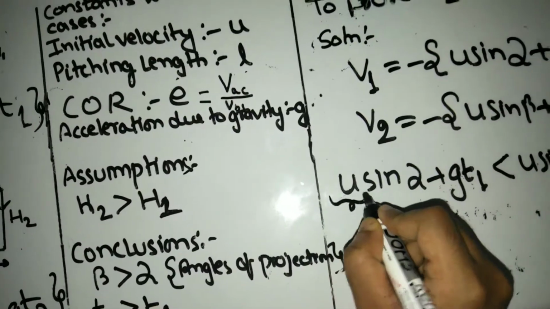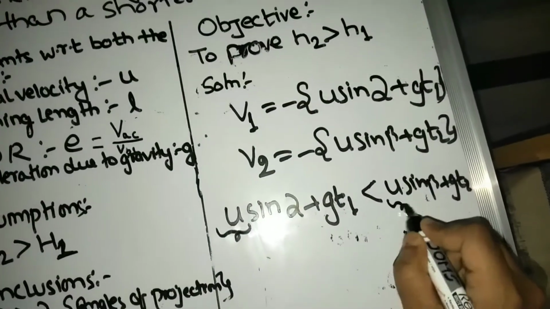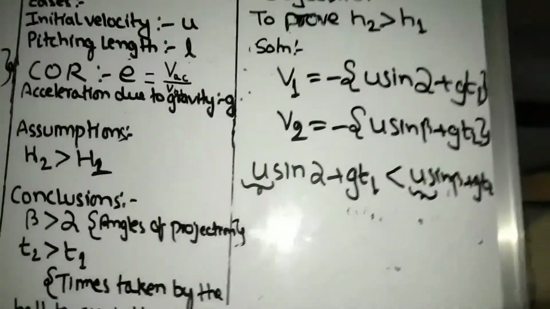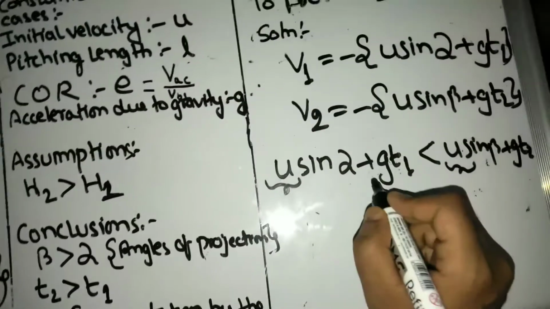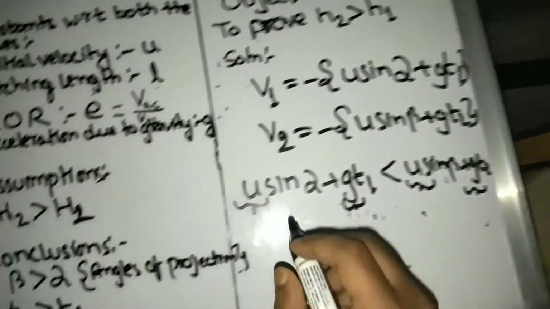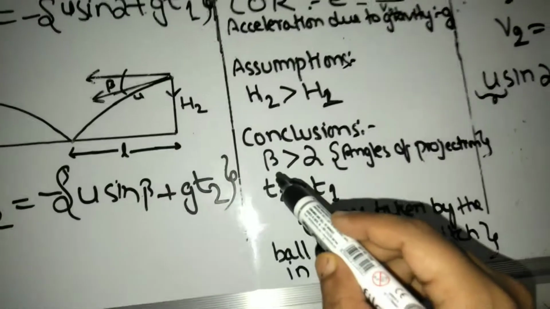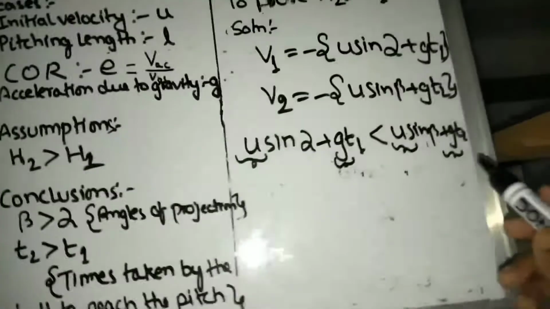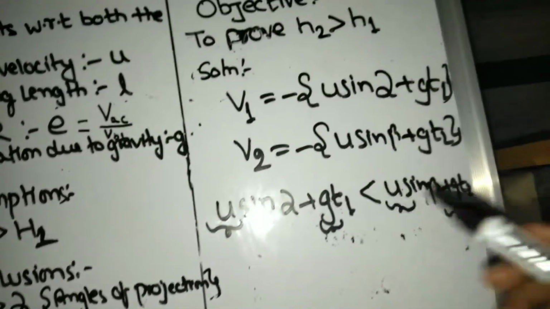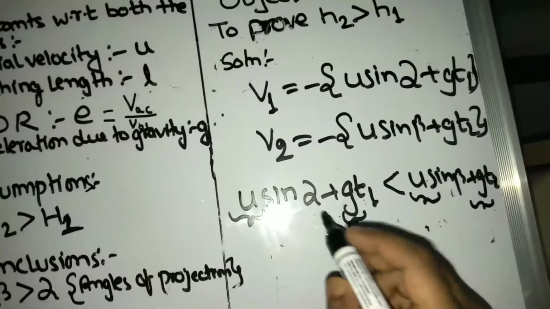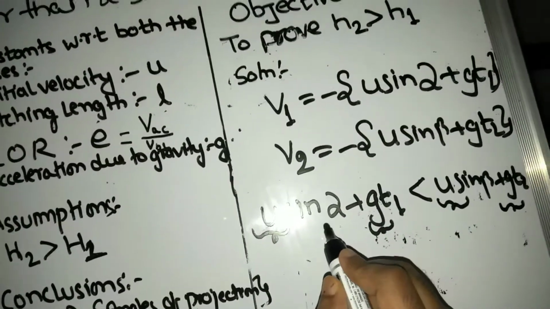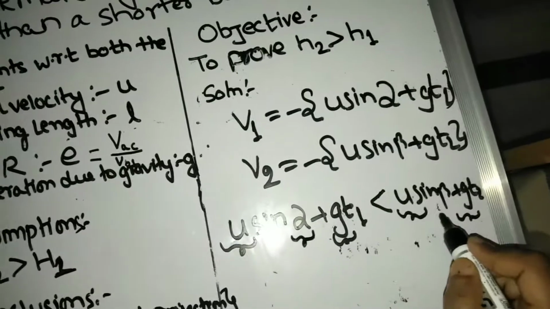We have u as a constant in both the expressions, g as constant in both the expressions. Now we already have concluded that beta is greater than alpha, which means alpha is smaller than beta.